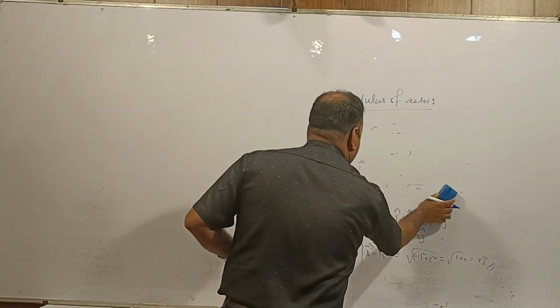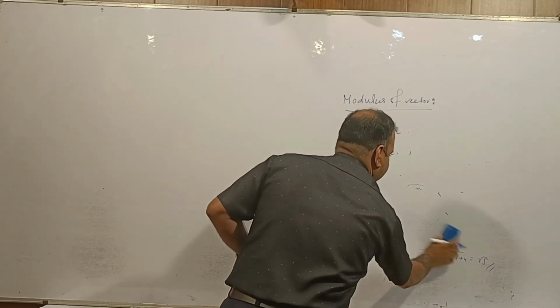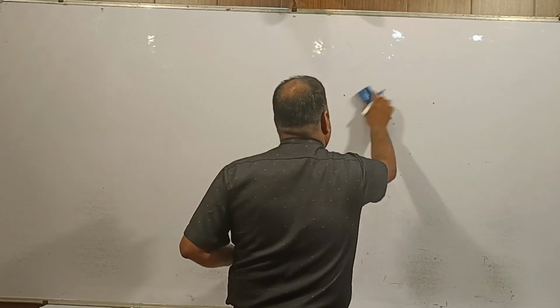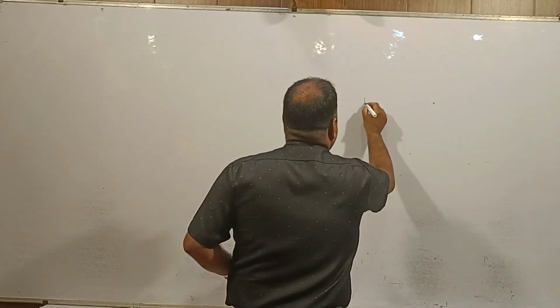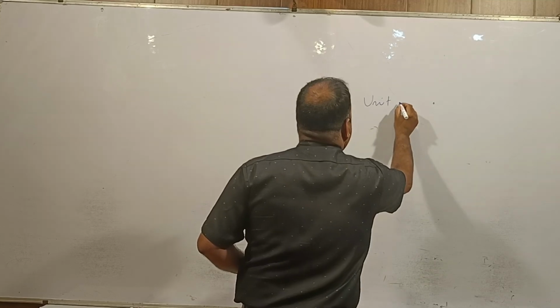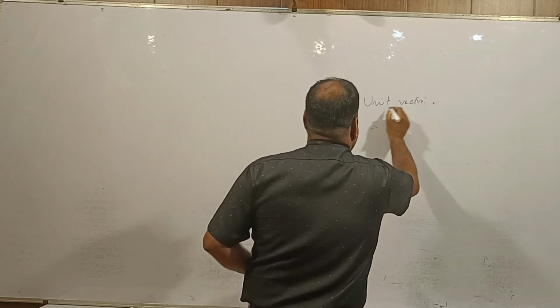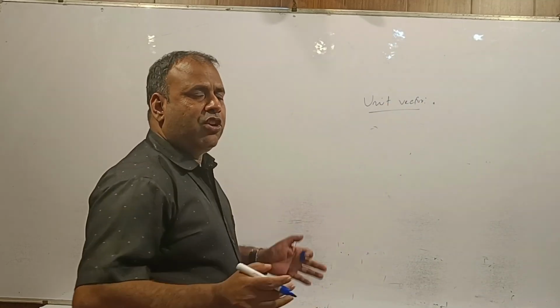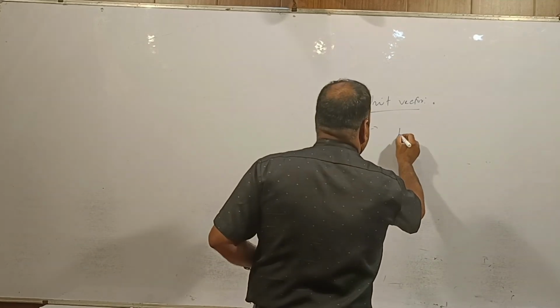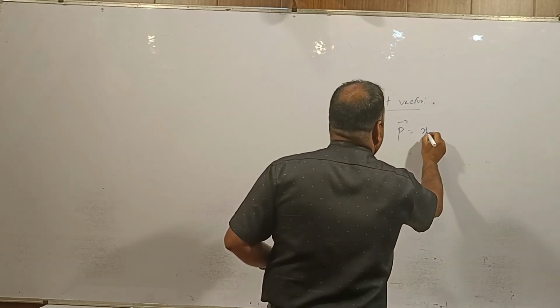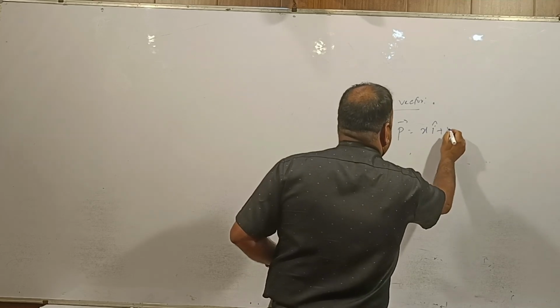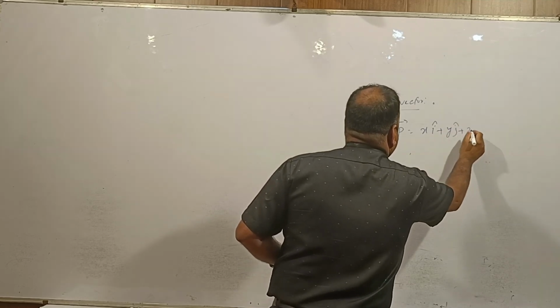Now see unit vector. Very important part. It is basically used in physics. So what is the meaning of unit vector? For example, suppose I consider one vector P. The value of P is equal to x I cap plus y j cap plus z k cap.